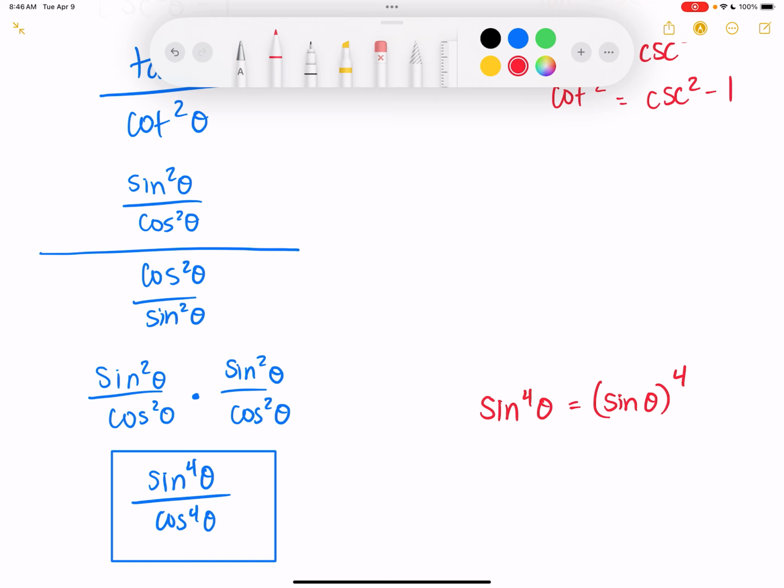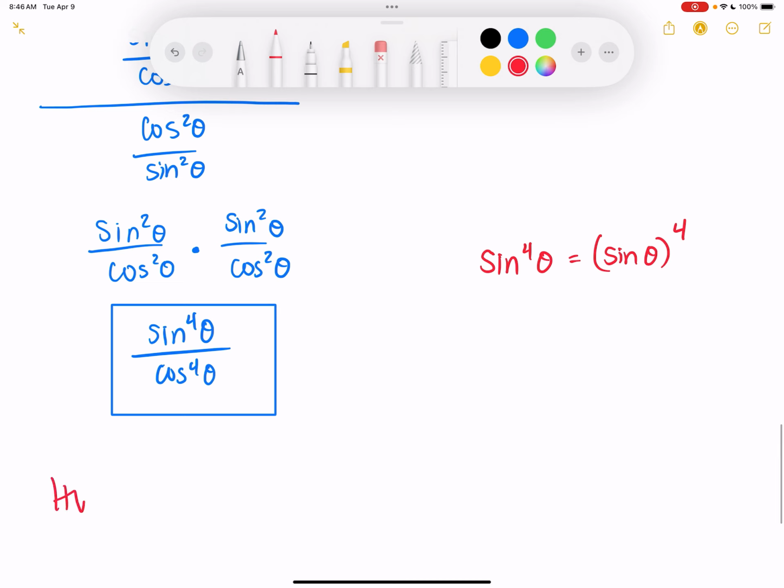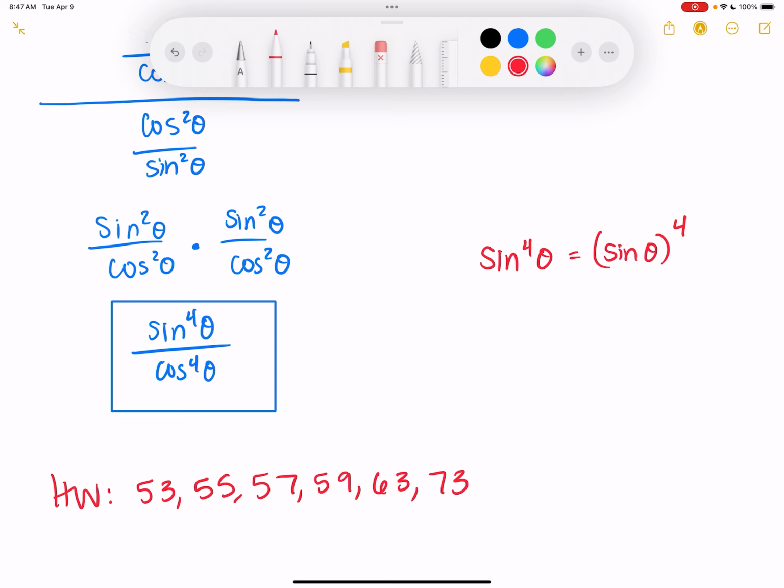But in addition to that, the new stuff that you have to do, 53, 55, 57, 59, 63, and 73 are ones that you need to do for practice.